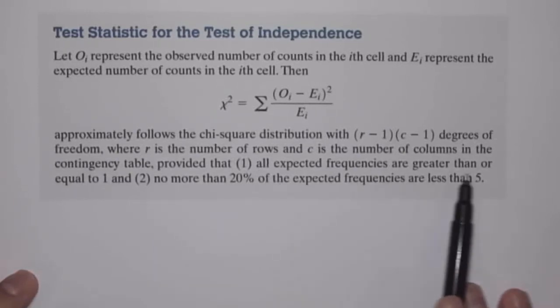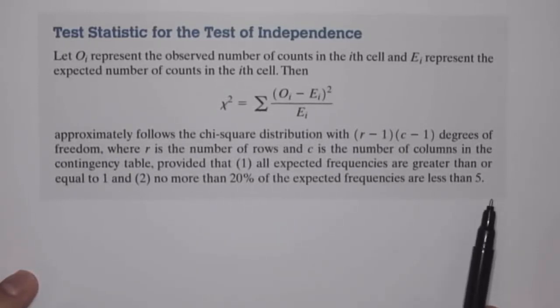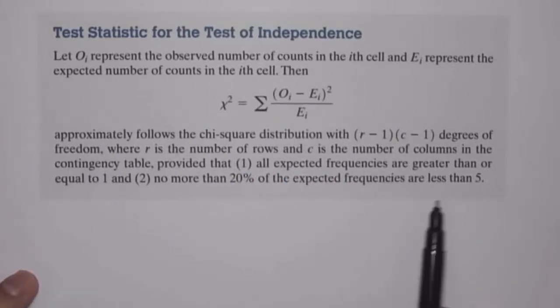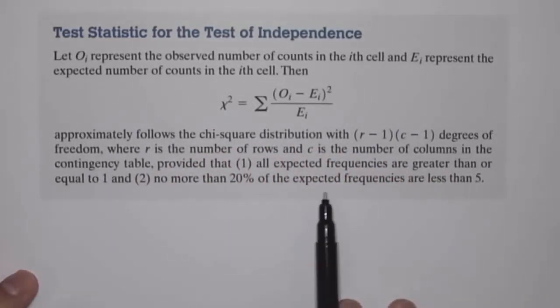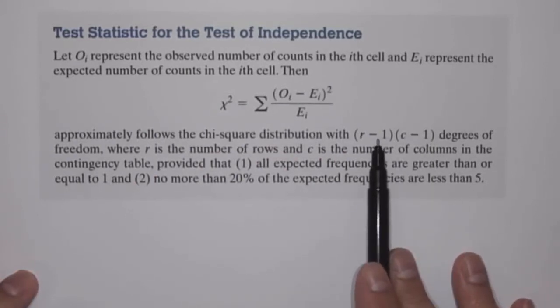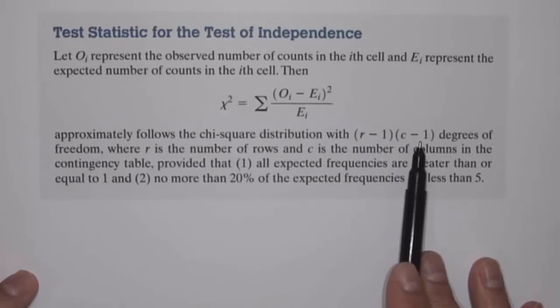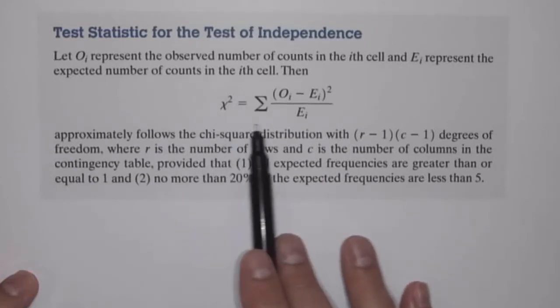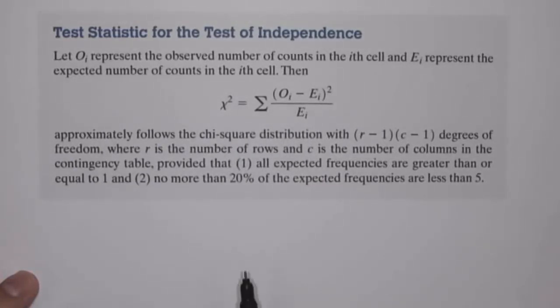So we have these same conditions that we had for the goodness of fit test. Pretty much everything is the same as the goodness of fit test, except the way we calculate the degrees of freedom when we have this test for independence. So rows minus 1 times columns minus 1 instead of k minus 1. But the way we calculate chi-square is going to be the exact same, and it's going to follow a chi-square distribution. So that concludes this video.